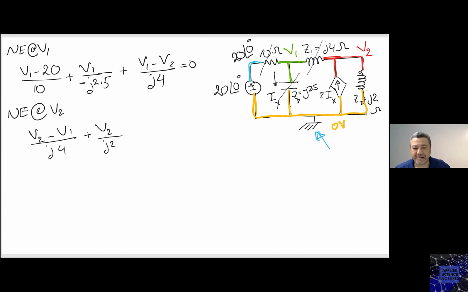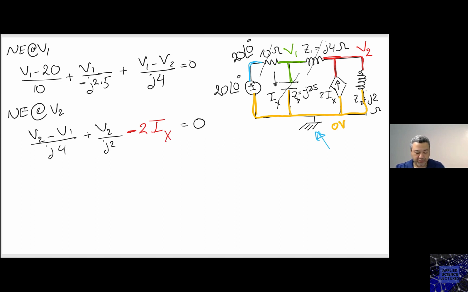Minus 2IX. It is entering the node, right? So minus, I will write it even in a different color. Equals 0.